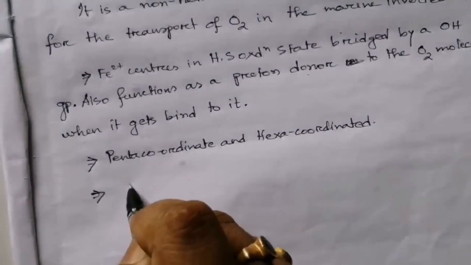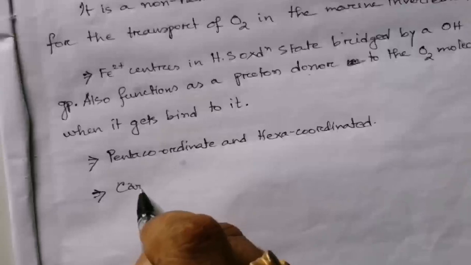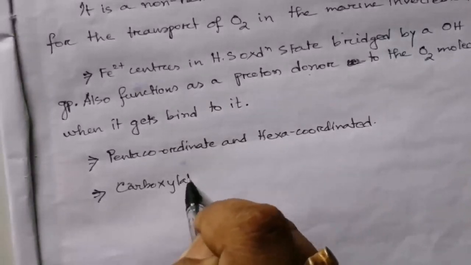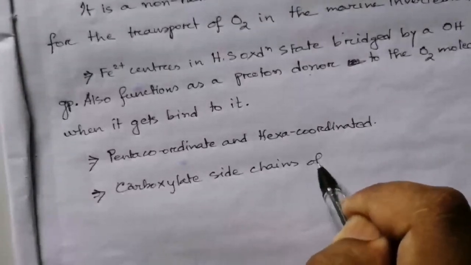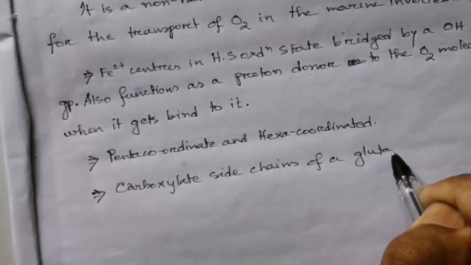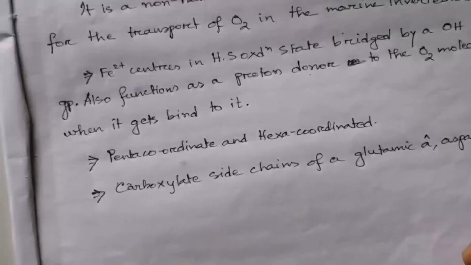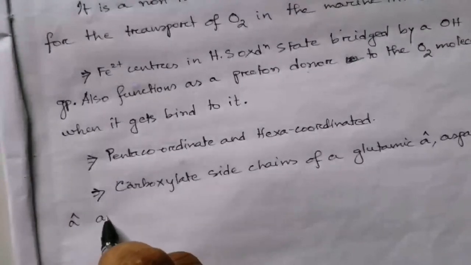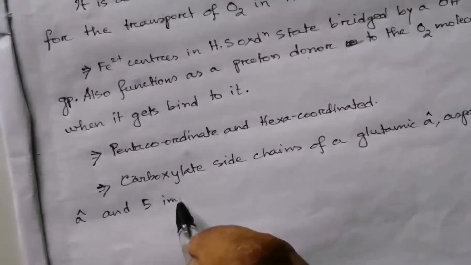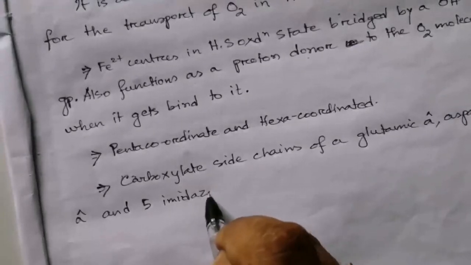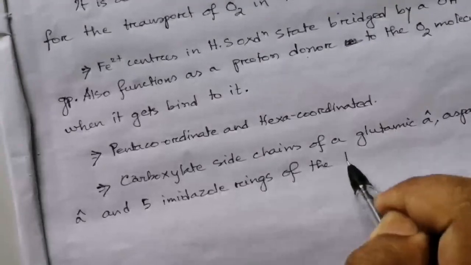Both these iron centers are bound to the protein through the carboxylate side chains of glutamic acid, aspartic acid, and 5 imidazole rings of the histidine residues.